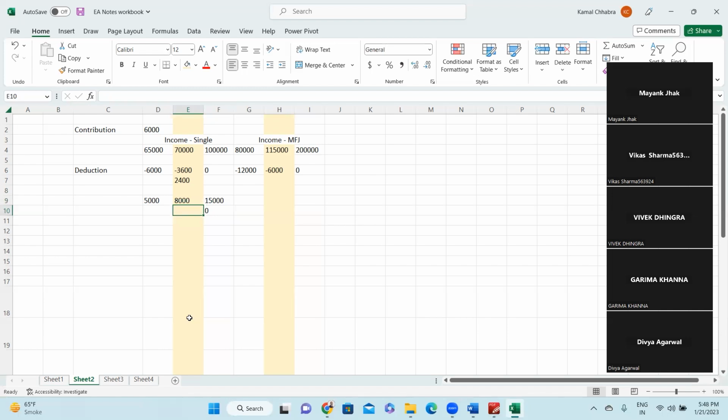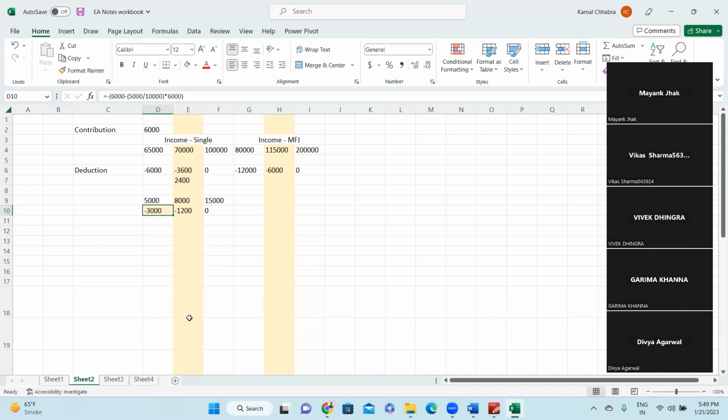In case of $8,000, how much will be the deduction? 6,000, 4,500. 8,000, 6,000, 1,200 is the deduction allowed. Same is the case here. Instead of 8,000, it will come 5,000. So 3,000 deduction is allowed. Same formula.